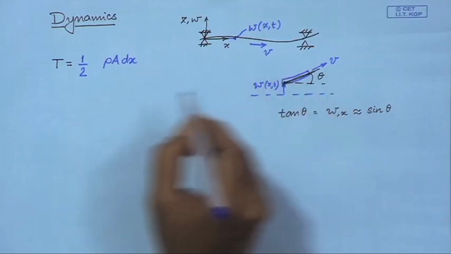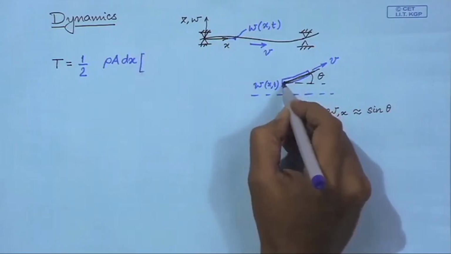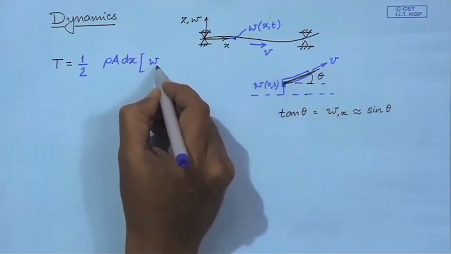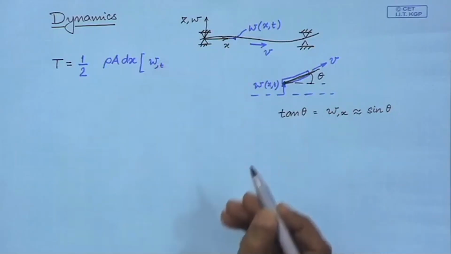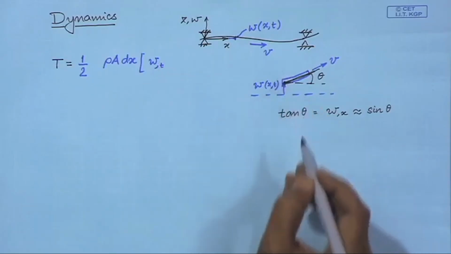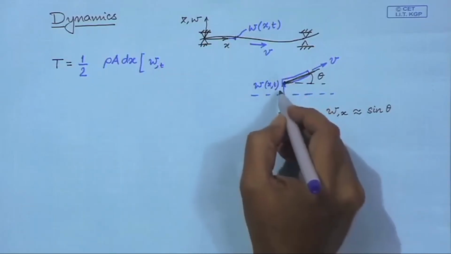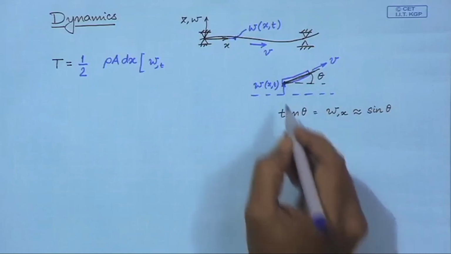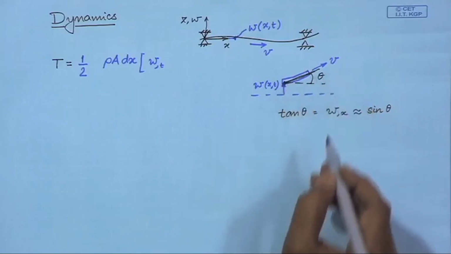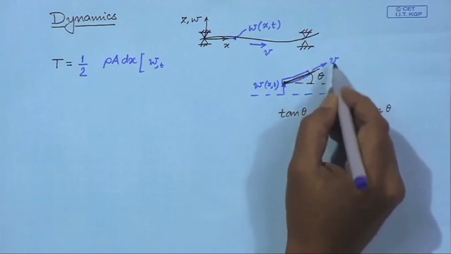The transverse direction velocity is a combination of this del w del t, which is the local time derivative, and a convective part because of its velocity.